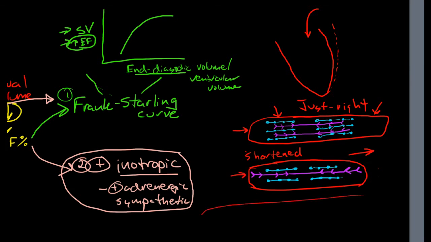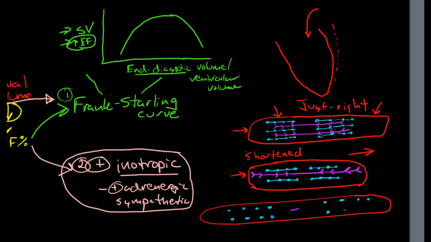Now, if you're too long, if you're overstretched, you're going to end up with a problem as well, because you're going to end up again where the actin and myosin are not ideally bound to each other. So the Frank-Starling curve works up to a point and then it starts to drop off again. So when you increase volume too much, then the ejection fraction actually starts to go down again, and that's because you end up with a situation like this where the actin and myosin aren't even reaching each other.